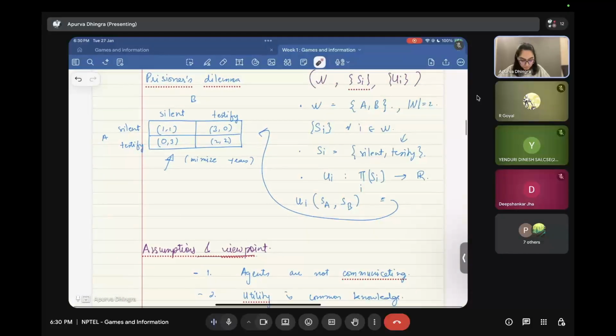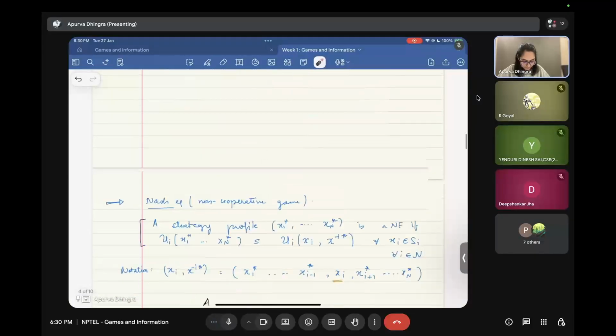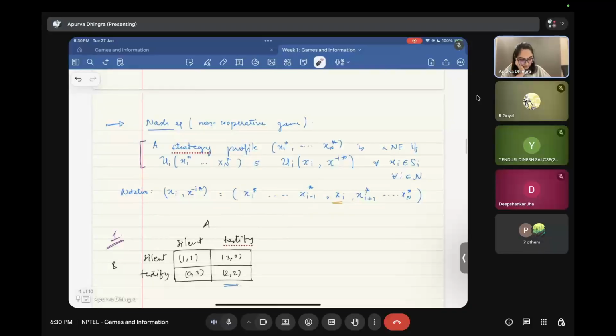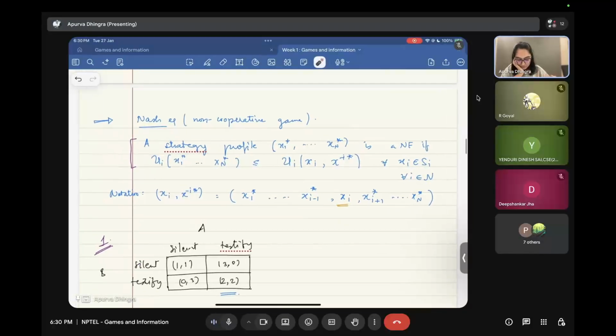Okay, so let's move forward. Now, one of the things that was introduced was this definition. This is the definition of equilibria concept, Nash equilibria to be more specific. Here, what is being said is a strategy profile.